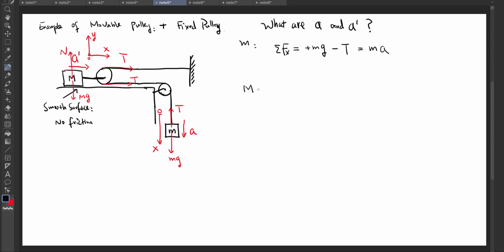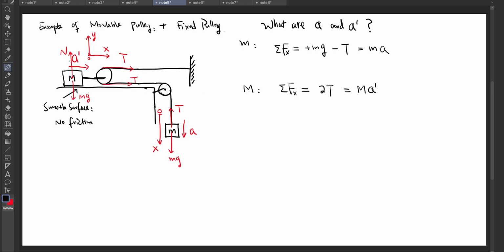For big M, the net force in the horizontal direction, or the x-axis direction, is 2T. Okay, we have T plus T, so that's 2T. And that equals big M A prime, sorry.